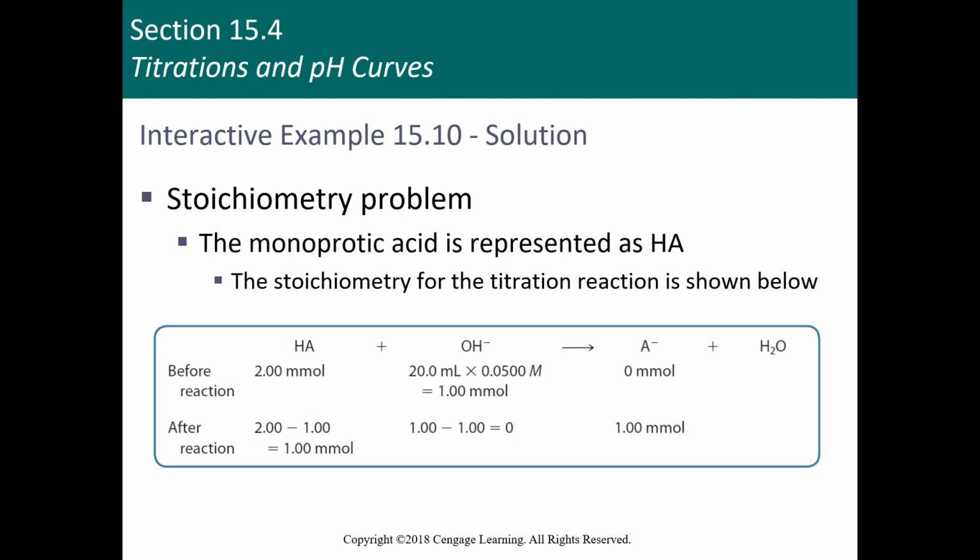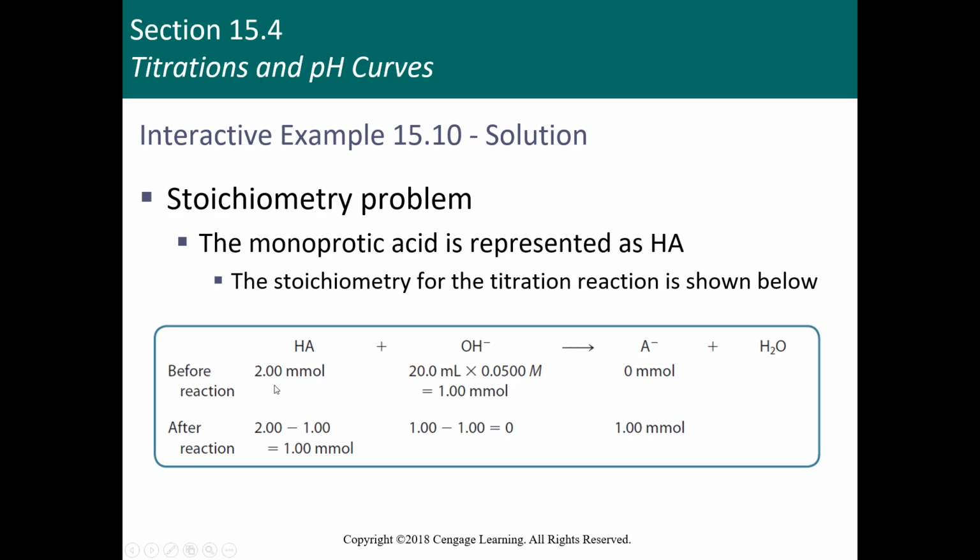So first thing you have to do is your stoichiometric problem first on all of these. All of these titrations start with the stoichiometry. And so right here we have the 2 millimole of HA, and we have added 20 milliliters of 0.05 molar OH minus. That would be 1 millimole of it.